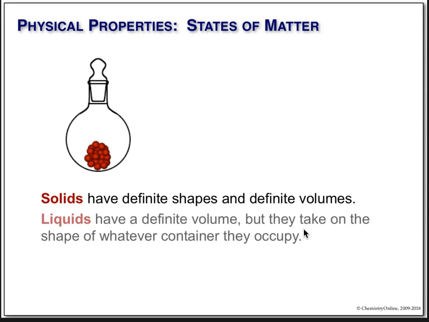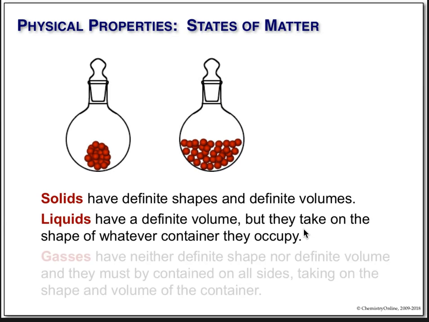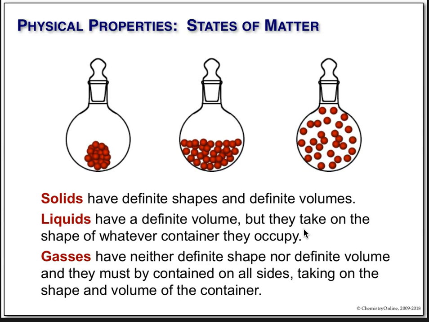Solids will have a definite shape and a definite volume. Liquids will have a definite volume, but they'll take on whatever shape of your container. Gases don't have a defined shape or volume. They simply fill your container and things bounce around.